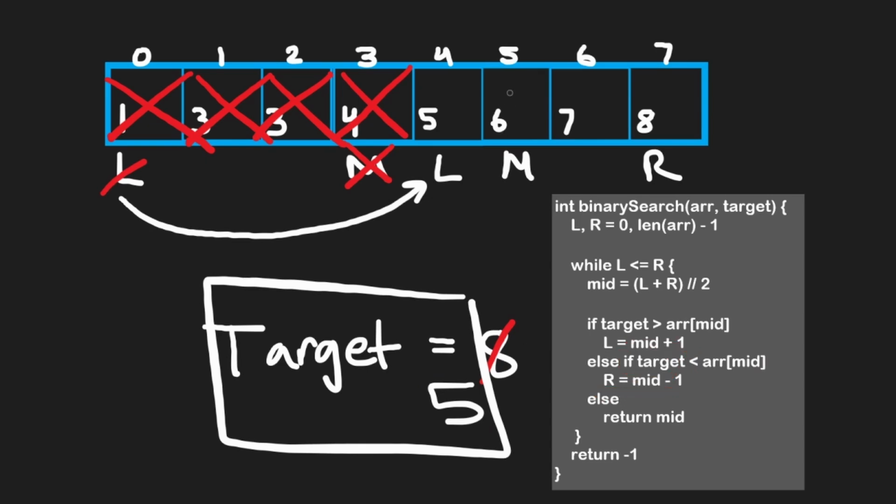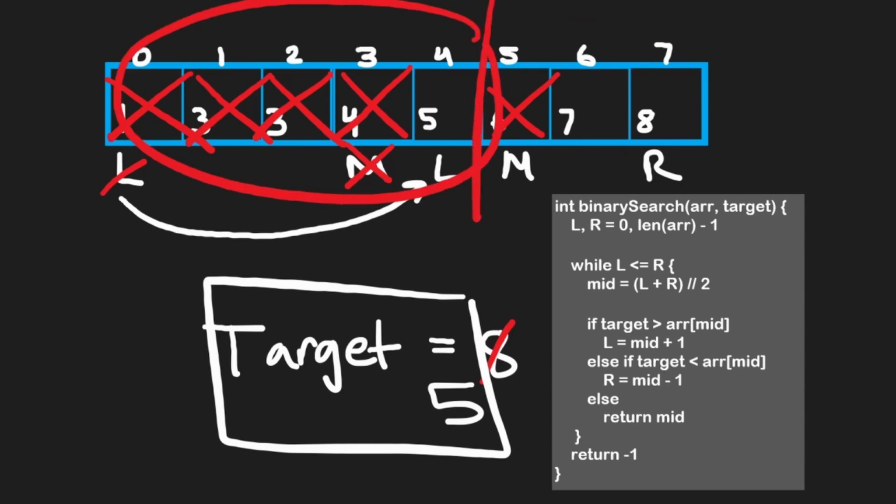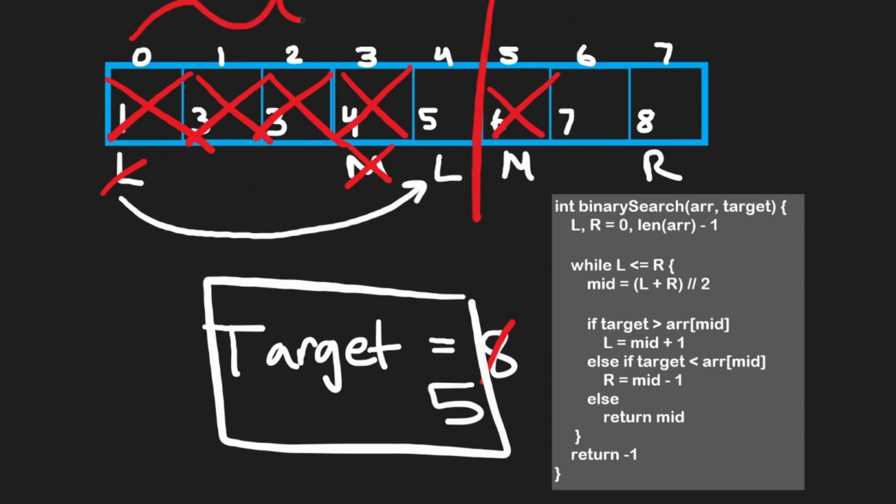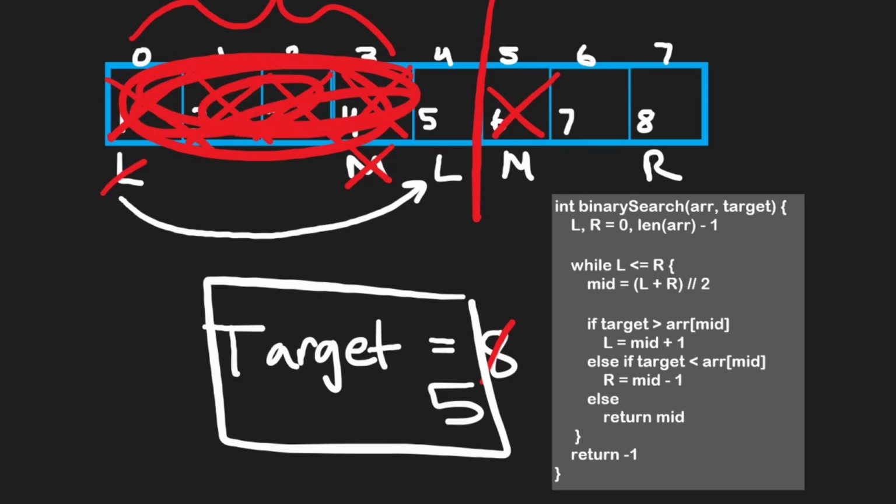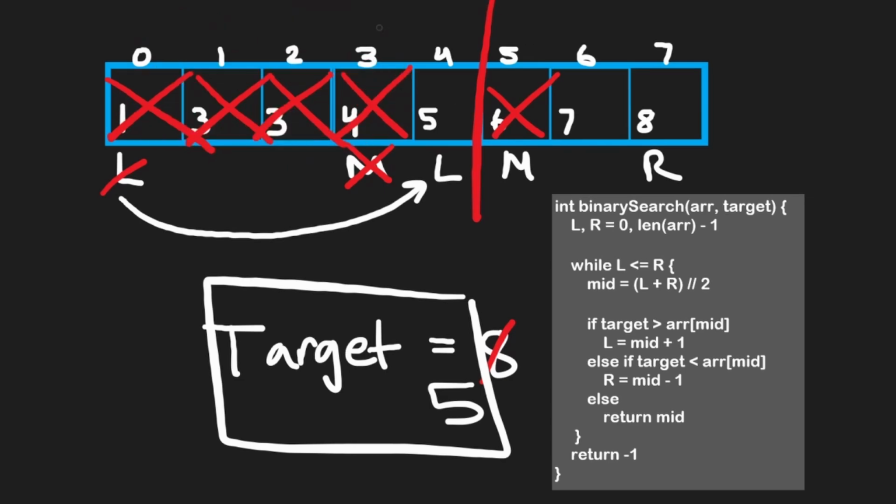So now what we would logically want to do at this point is, since our target is not 6 and it's less than 6, we know it's going to be somewhere to the left. So would that mean it's somewhere over here? Well, we already eliminated all of these from consideration. So yeah, it's somewhere to the left, but it's not anywhere beyond this point. So how we're going to handle that is by taking our right pointer and moving it to be at mid minus 1.